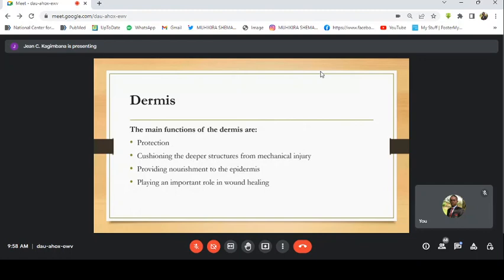Okay, and of course it plays an important role in wound healing. We've seen sometimes when someone has a big ulceration, when the epidermis and the dermis have gone, this is how we can do skin grafting to support the granulation or the healing of the wound.